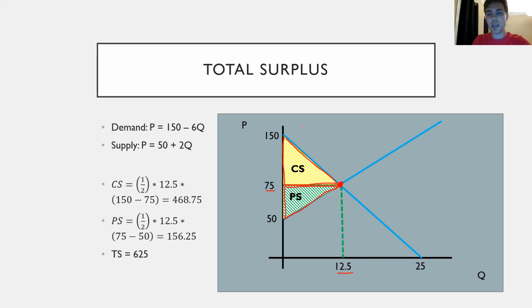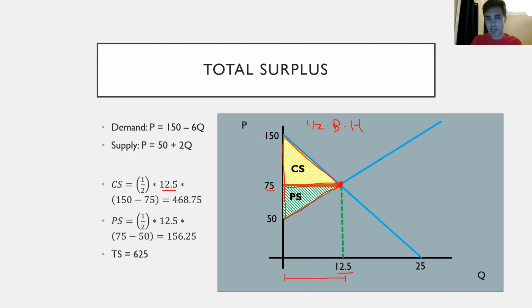The area of a triangle is 1/2 times base times height, in case you've forgotten from high school. So we're going to have 1/2 times the base, which is just going to be this 12.5. So the base will go out until equilibrium. So that's 12.5 times the height.